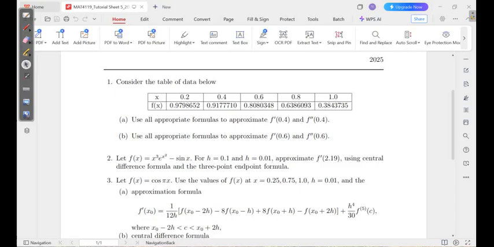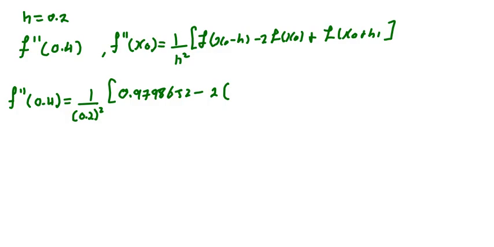Just pick the value for 0.4 from the table and substitute it there. That value is 0.9177710, yes.